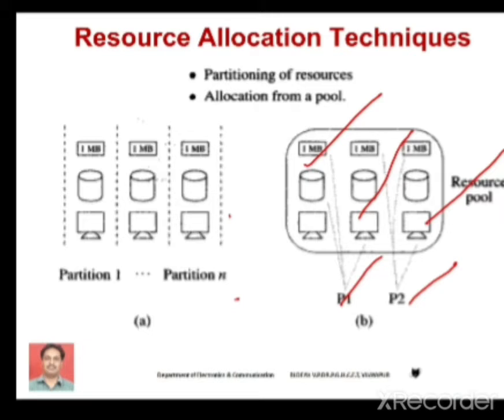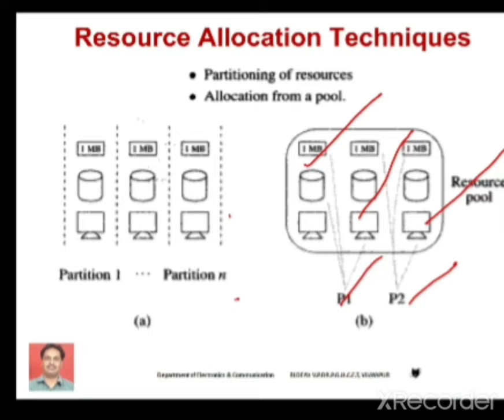Okay, so I'm going to summarize these concepts. Partitioning of resources means the operating system is going to divide the available resources into groups, and each group of resources is exclusively allocated to the programs. The advantage is that it is easy or simple to implement.